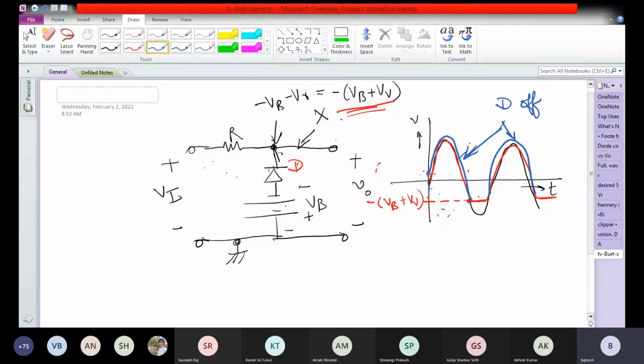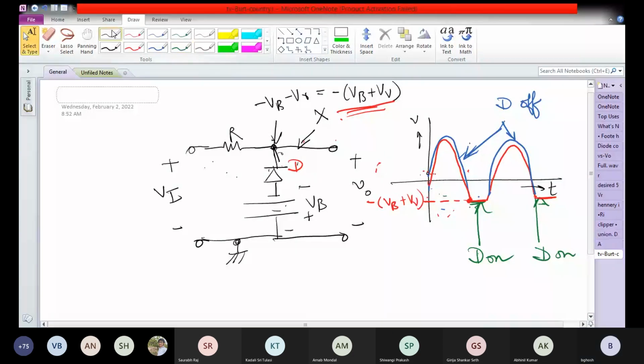The voltage is more than minus VB minus V gamma, and over this period, whenever I draw that, the black line vanishes. So diode D is on. This was the original black line. Simple as that.